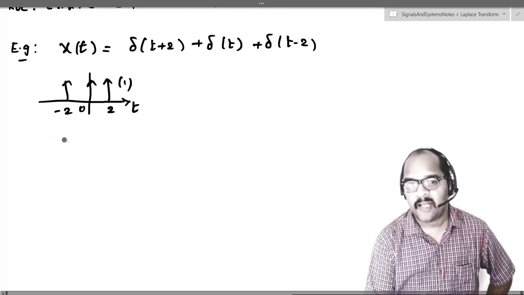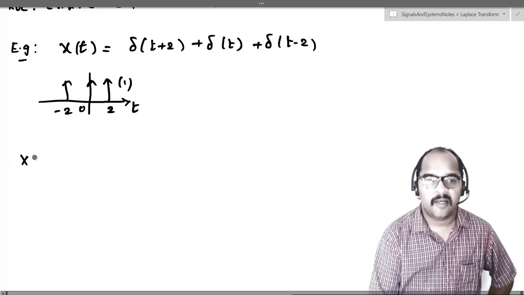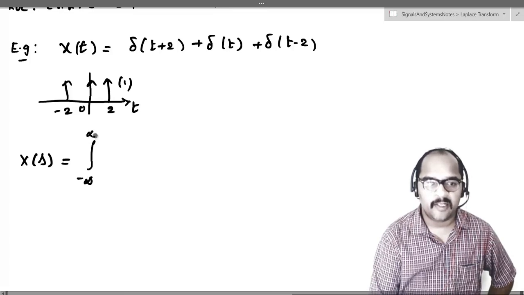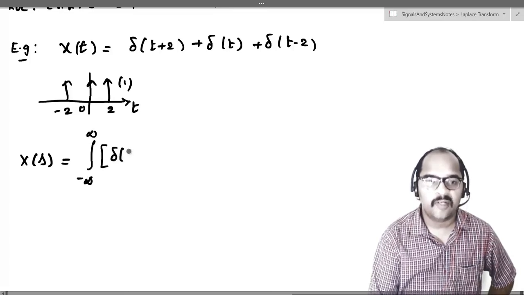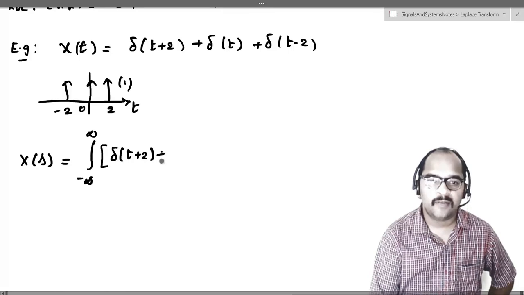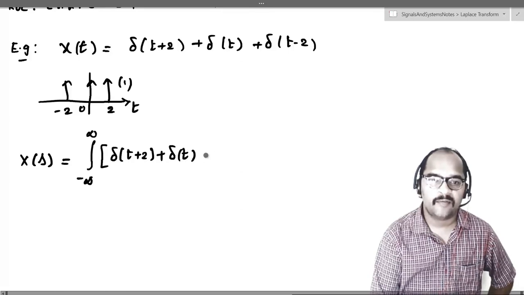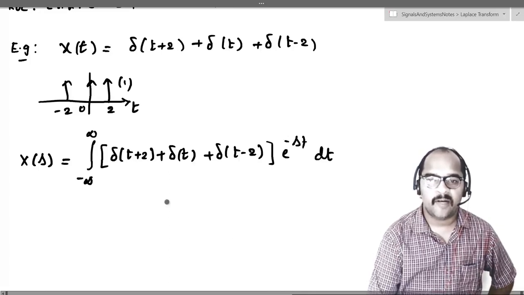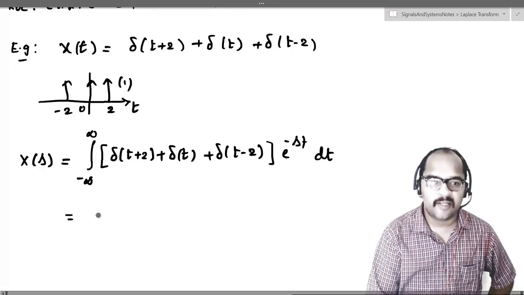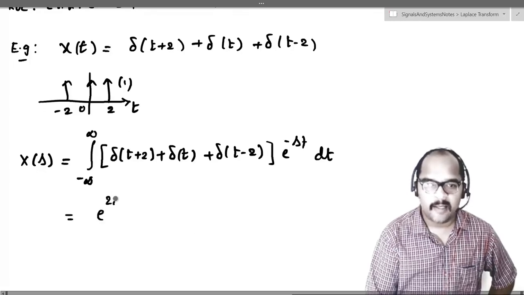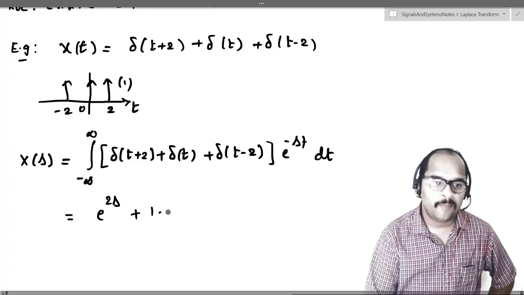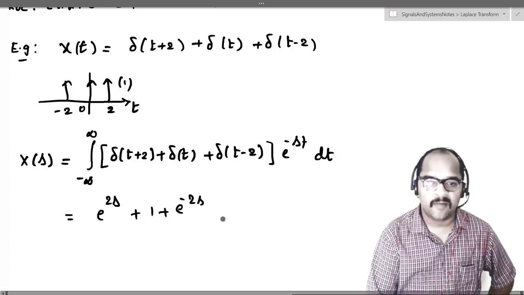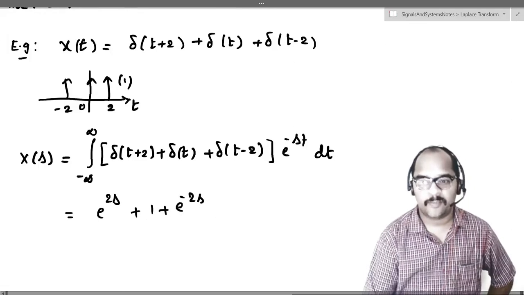What will be the Laplace transform? Our x of s, we will do the integral from minus infinity to infinity of delta of t plus 2 plus delta of t plus delta of t minus 2 multiplied with e power minus st dt. This we can easily simplify as e power 2s plus 1 plus e power minus 2s. You can prove that result.